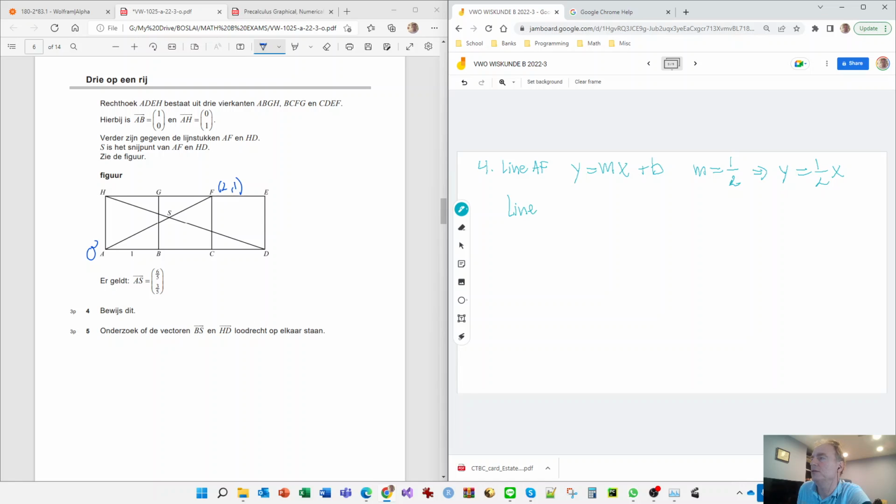Line HD will be a little bit more difficult. Again, we call this mx plus b, different m's and b's. And now m is minus 1/3.